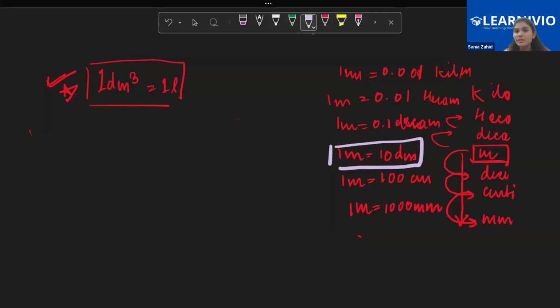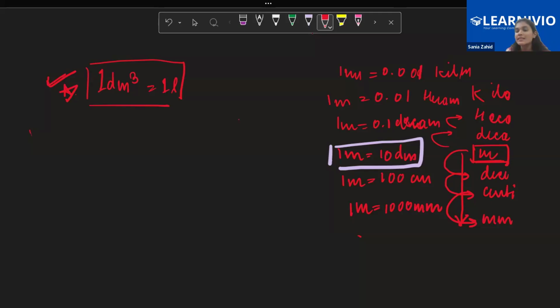So in 1 decimeter, how many meters will you have? No, that is not my question. Not 10. You said 1 meter has 10 decimeters, then 1 decimeter will have how many meters? Meters, exactly.